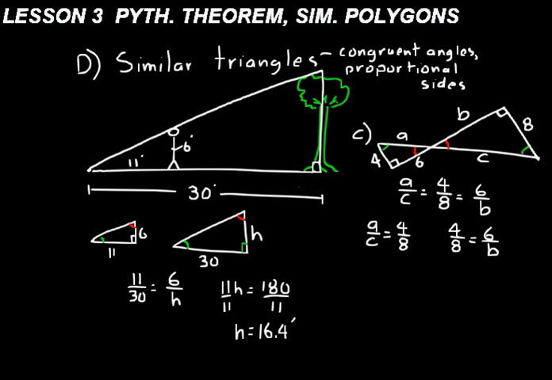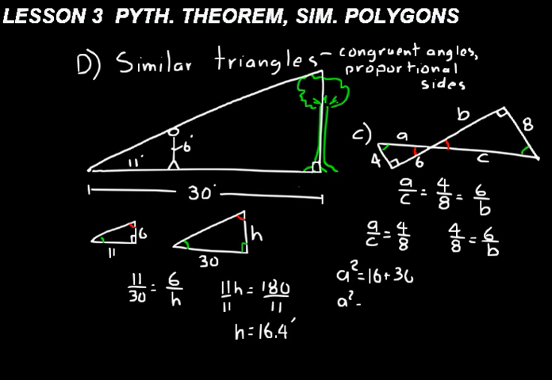But look, we have right triangles, and look at the small right triangle. Can't we figure out what A is, the hypotenuse? Because we know what the other two sides are. So we can solve for A. A squared is equal to 4 squared, which would be 16, plus 6 squared, which would be 36.